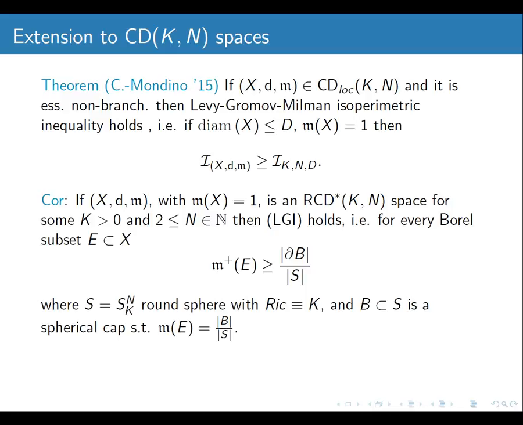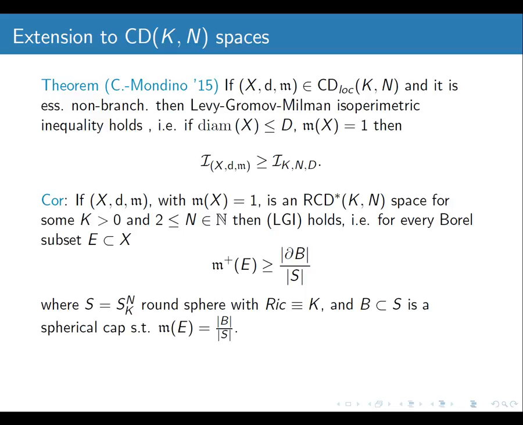the Levy-Gromov isoperimetric inequality that was holding when capital N is a natural number and k is strictly bigger than 0. Indeed, this happens when you have a metric measure space verifying RCD*(k,N) with N a natural number; immediately we have the space is essentially non-branching.